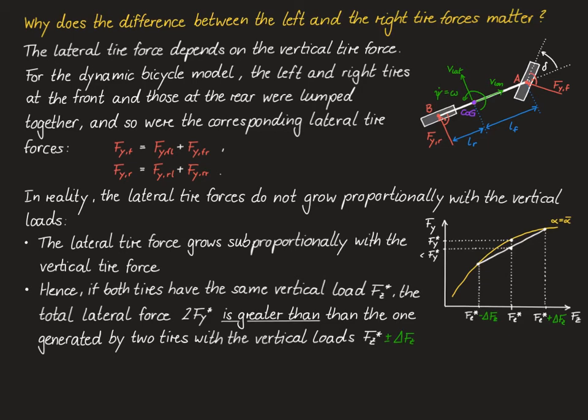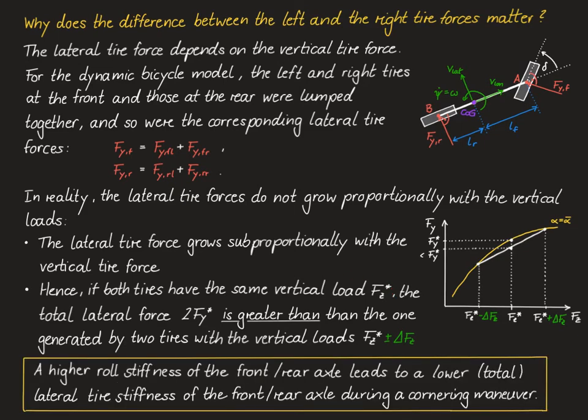By the fact that the relationship between the vertical and the lateral tire force is concave, we see that the total lateral tire force generated by Fz star plus minus delta Fz is actually lower than the one generated with the identical vertical loads.